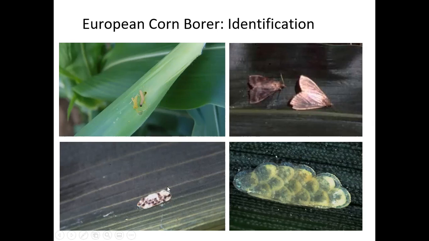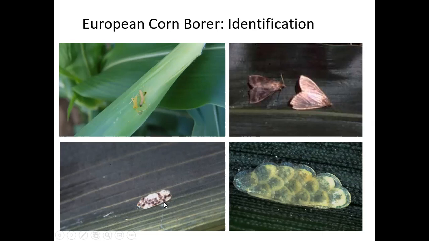The eggs are probably the primary way that we want to be able to identify this in the field. They're flattened and they're shiny and they overlap, so they look a bit like fish scales here. And as you can see on this bottom picture, the head capsules have already started to develop inside those eggs.